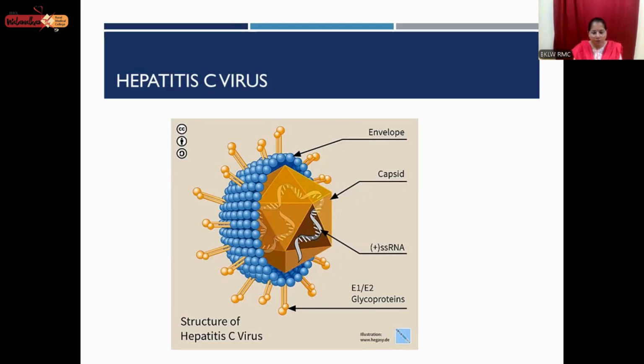The antivirals are grouped as different protein inhibitors. NS3/4A protease inhibitors are boceprevir, telaprevir, simeprevir, paritaprevir, grazoprevir, glecaprevir, and voxilaprevir.